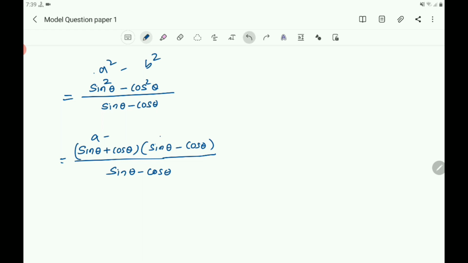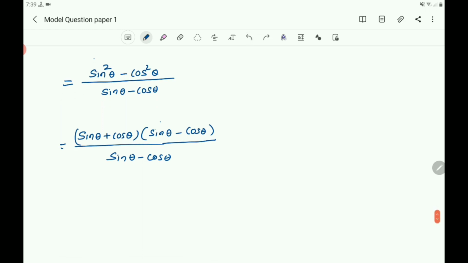So here the factors are sin theta plus cos theta into sin theta minus cos theta.